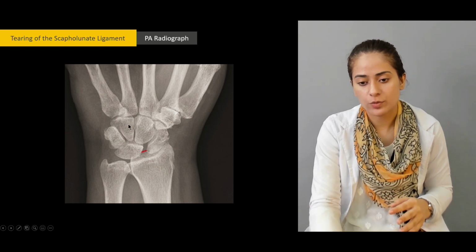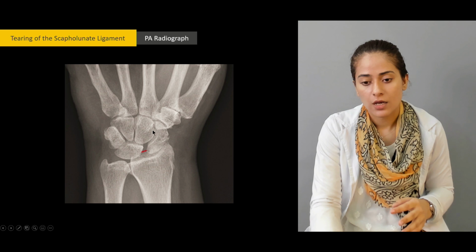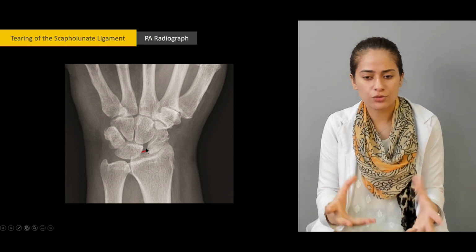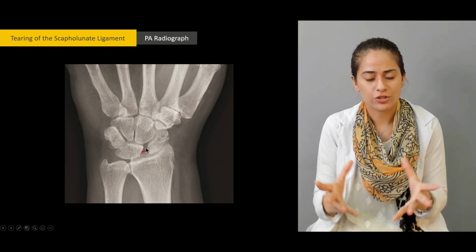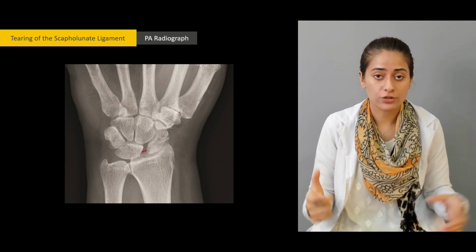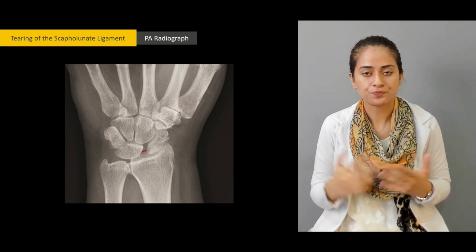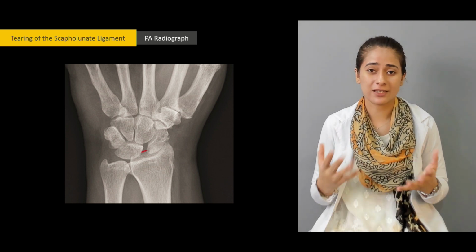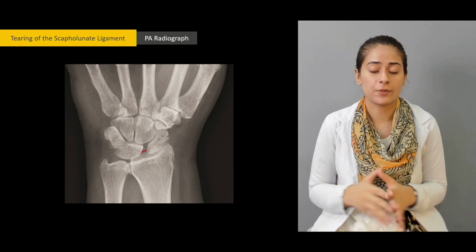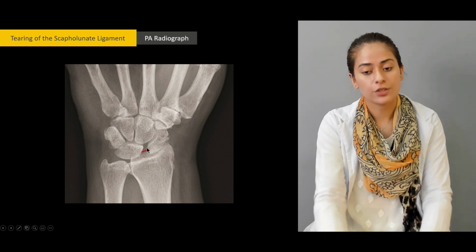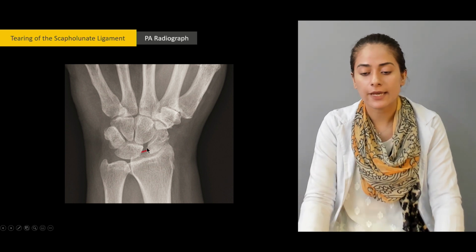So all of these carpal bones, as one can see, are very close to one another. So if there is an unusually larger distance, and if measured more than 2 millimeters, then it is a sign that there is a scapholunate ligament tear.